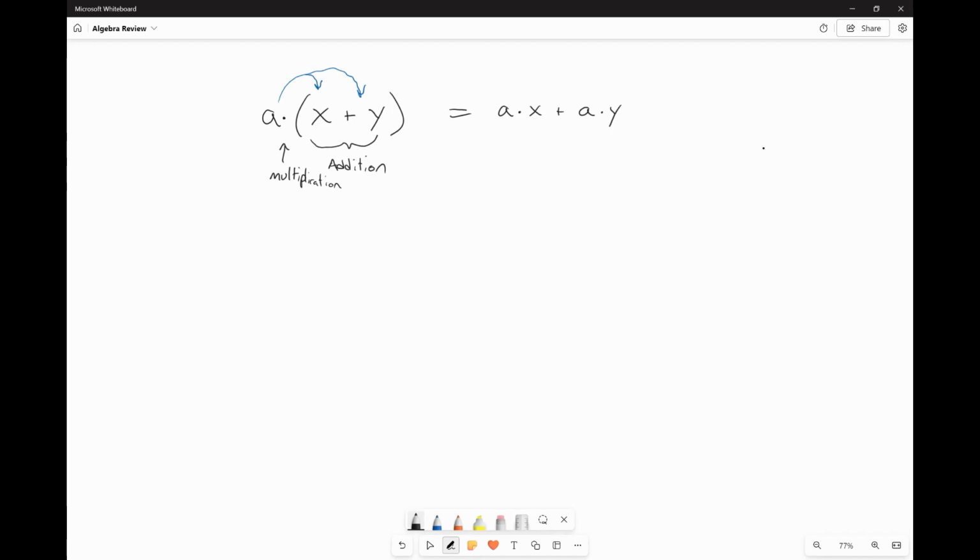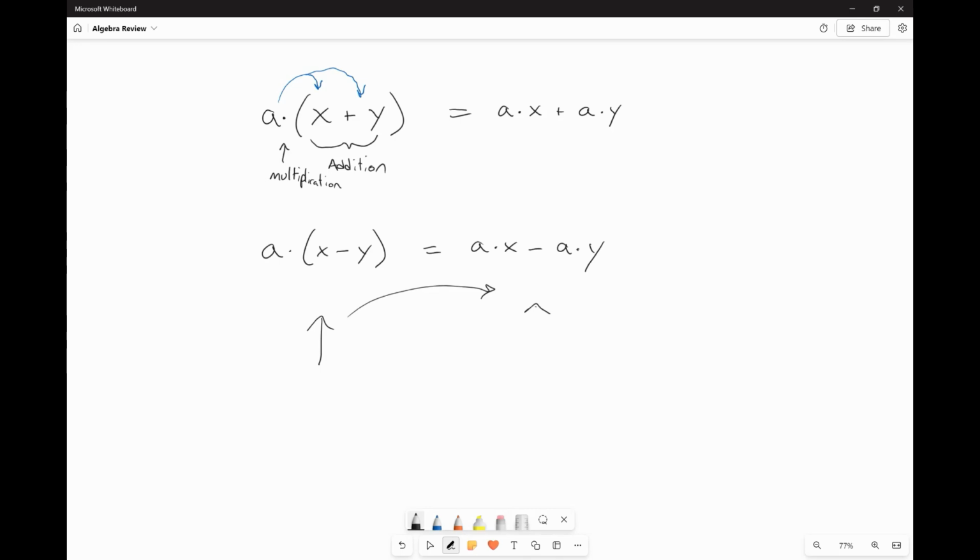This would actually be exactly the same for subtraction, so I'll just make that clear. If we had x minus y instead, that would be equal to a times x minus a times y. All right, this is a very important skill. Sometimes we will have something that looks like the left side of these equations, and we will want to distribute the multiplication and come over here.